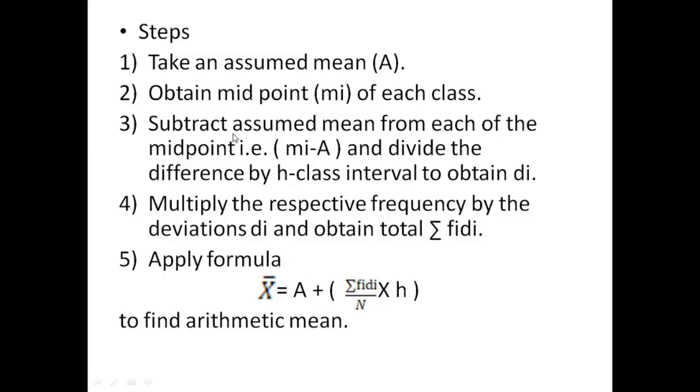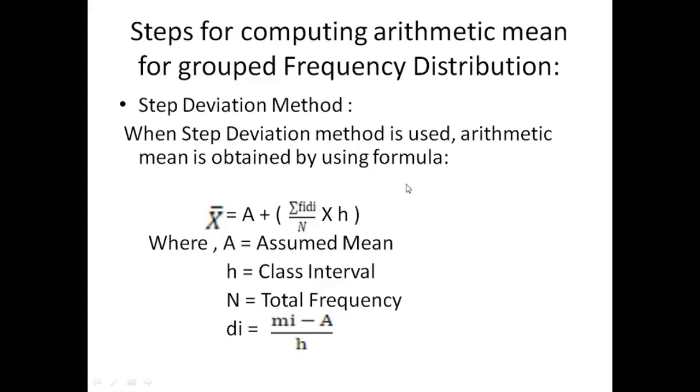The next step is to subtract the assumed mean from each midpoint, that is mi minus a, and divide the difference by h, the class interval, to obtain di. Because our formula is x bar is equal to a plus summation of fi di divided by n into h. We already found a, which is equal to 50. Now we will find di.